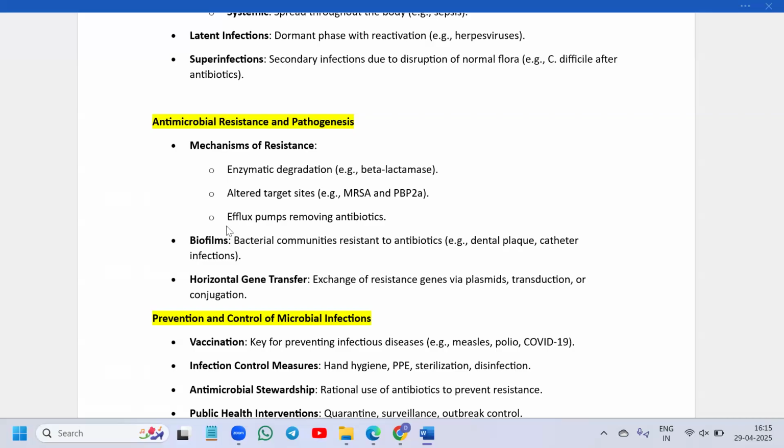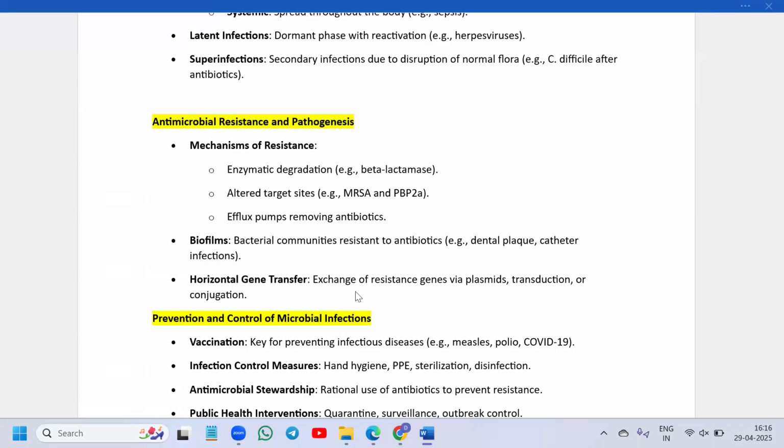From the bacterial point of view, there will be biofilms. I had shown you the picture of biofilms. Whenever there is a biofilm, it covers the multiplied bacterial community, and those biofilms will be resistant to antibiotics. Antibiotics will not work against them. Then horizontal gene transfer.